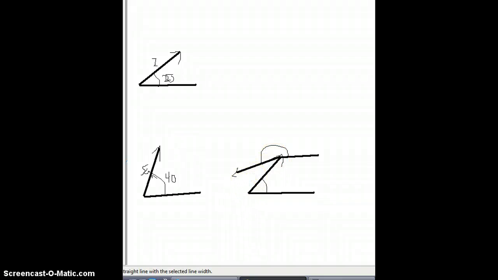Now, all you need to do is line up your resultant vector. Make sure the tail goes with the tail of the first vector, and the head goes with the head of the second vector. And then you could use a ruler to measure how long this is, and that would be your magnitude. I'm going to pretend that it's 1 3/4, and that this angle is 110 degrees.